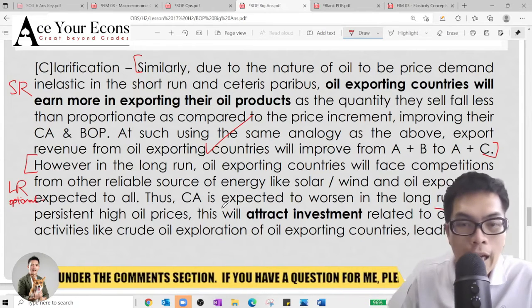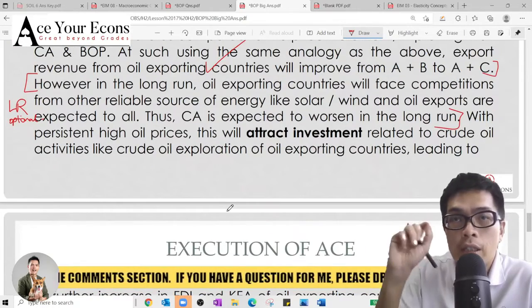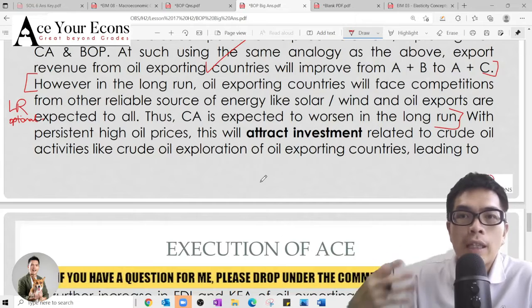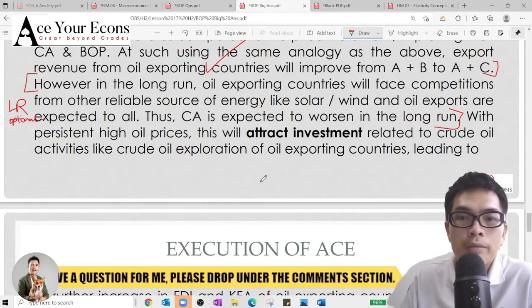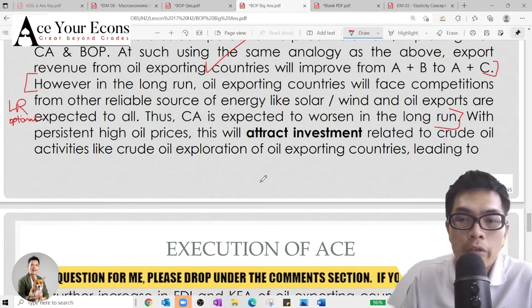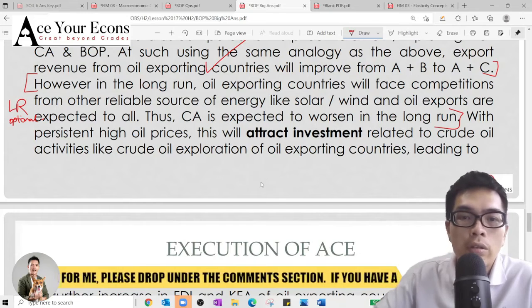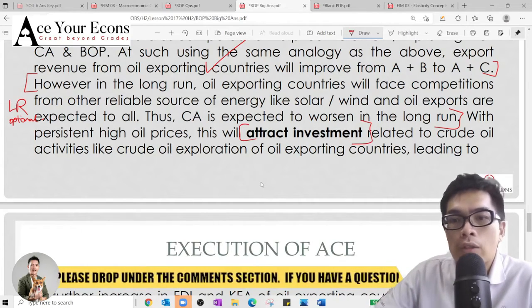And therefore, with higher oil prices, your PED being elastic in the long run, your current account will worsen. So the hardest to develop is always the capital and financial account. You need to make certain key assumptions here. We realize that for all oil exporting countries, the crude oil business will be very profitable and lucrative, and therefore this is likely to attract investments related to crude oil activities.